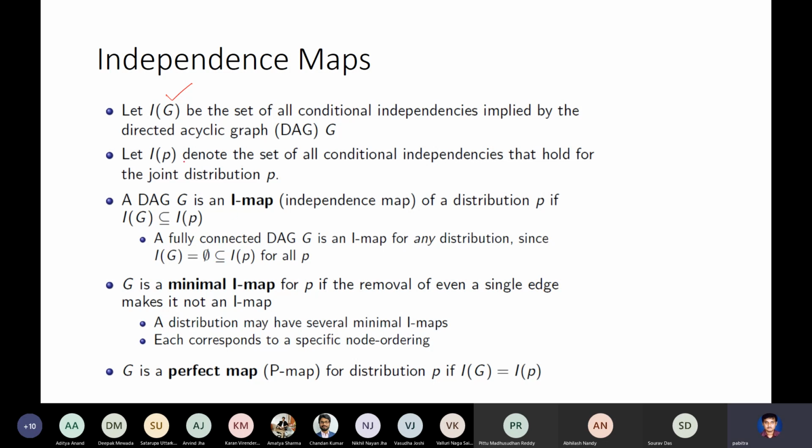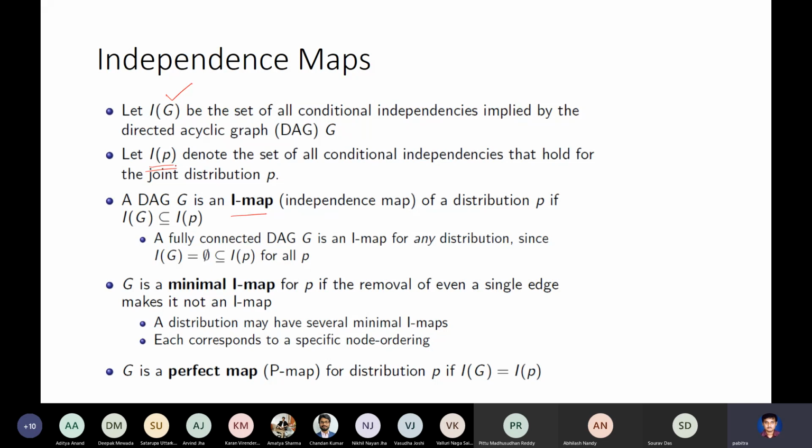And given a particular joint distribution and all possible factorizations of it, you can also induce a set of conditional independences, and let's call that I(P). So G would be called an I-map of P, because G is a factorization, and a particular distribution may have multiple factorizations.